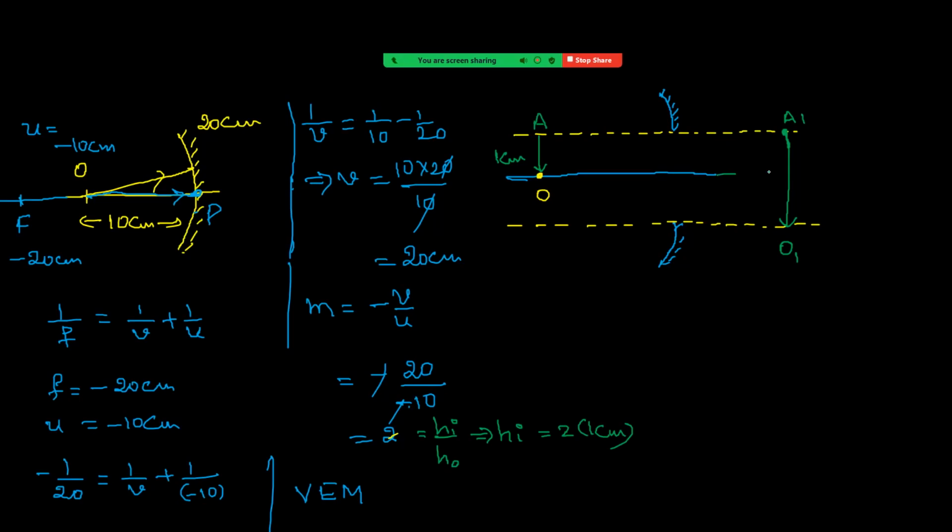Now in the same way, coming to the lower one. For the lower one, this is an object above the principal axis. I am repeating. For the lower one, this object is now above the principal axis.